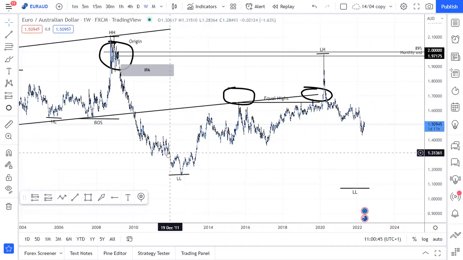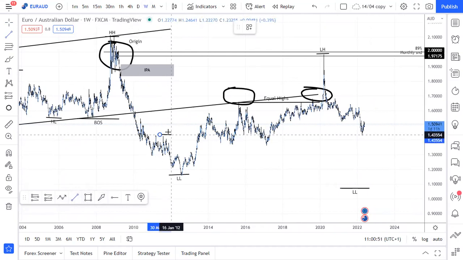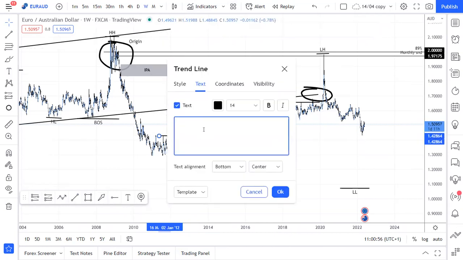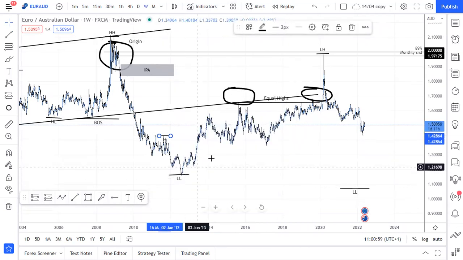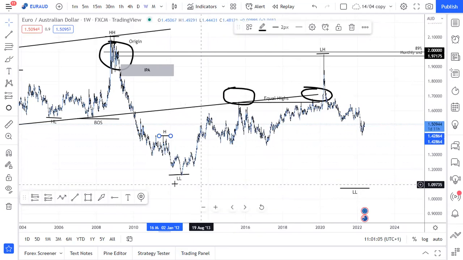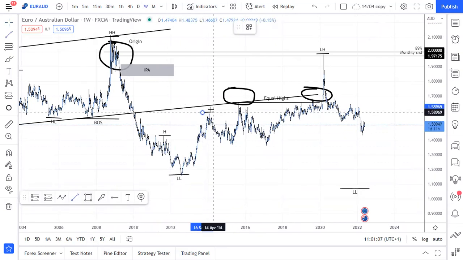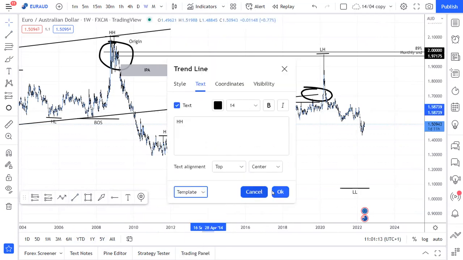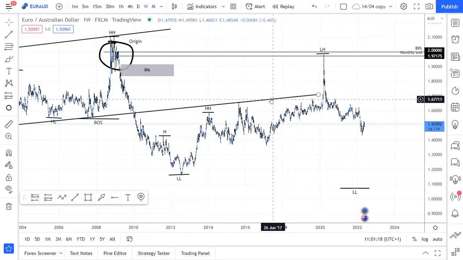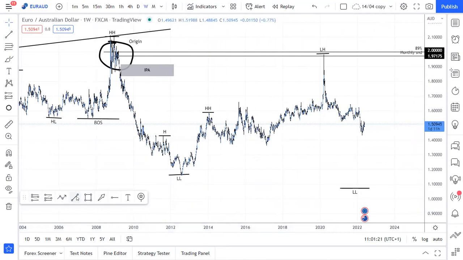We've got our lower low. We've got our high. We've got our high. Then we make a higher low.